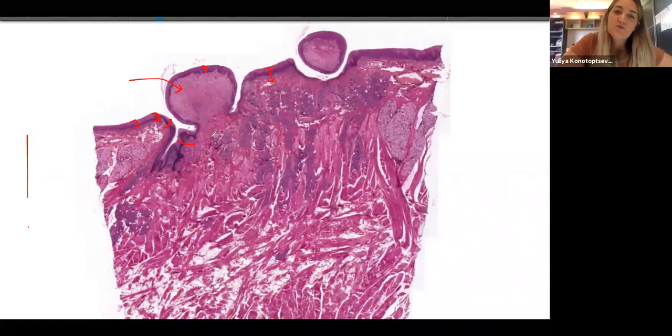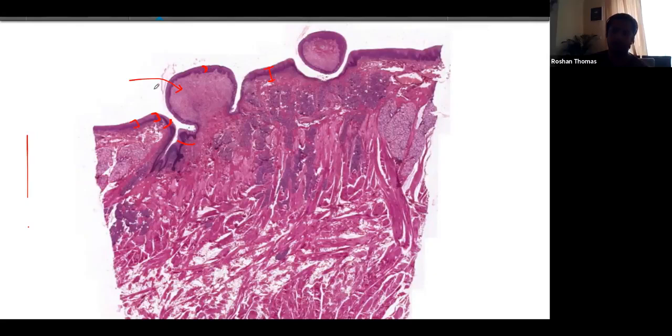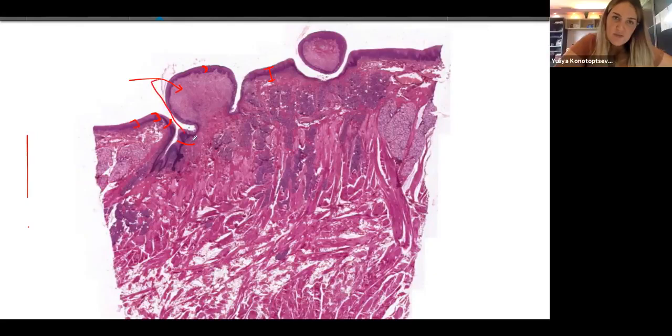So this whole thing is called circumvallate papilla. What is this? Specialized mucosa as well. This is specialized mucosa, yes. But what is this? What does mucosa consist of?